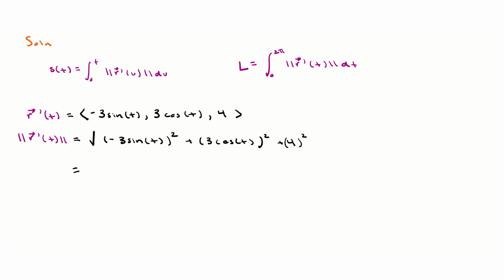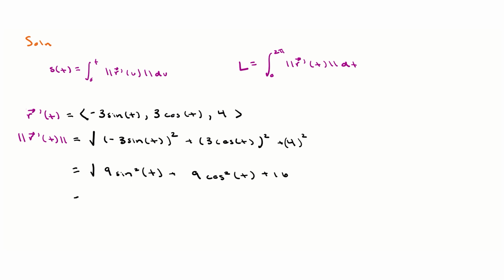Simplifying, we get the square root of 9 sine squared of t plus 9 cosine squared of t plus 16.